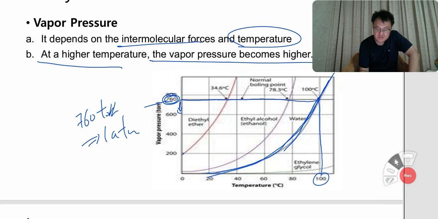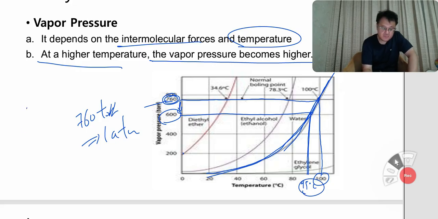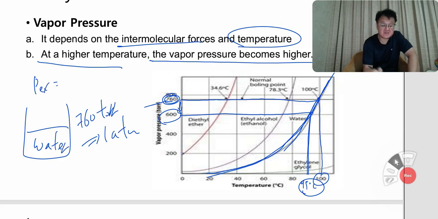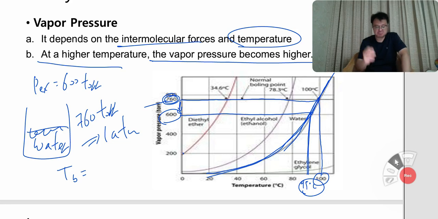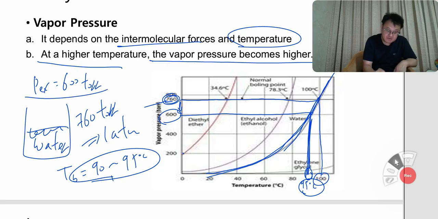For example, when the external pressure is 600 torr, this is roughly 95 degrees Celsius probably. So when the external pressure is not 760 torr but only 600 torr, boiling will take place at roughly 90 to 95 degrees Celsius, because at this temperature the vapor pressure is 600 torr.